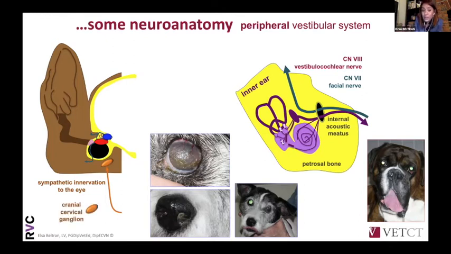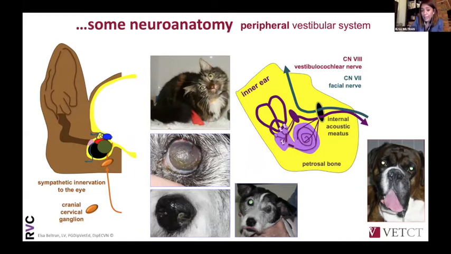That postganglionic axon goes very close to the middle ear, enters the cranial cavity again through the tympano-occipital fissure, and exits through the orbital fissure. So with the anatomy of the middle ear, you can have affection of the postganglionic axon, and these are cases that we see with vestibular signs.